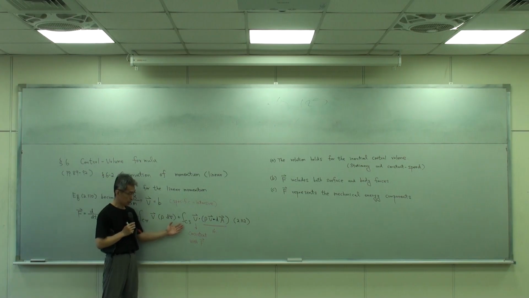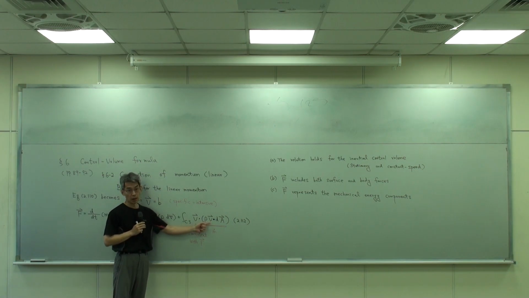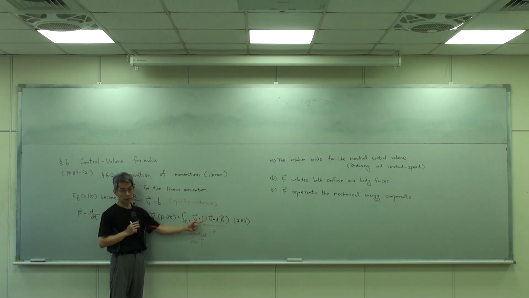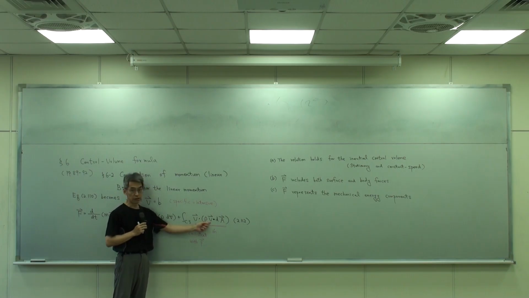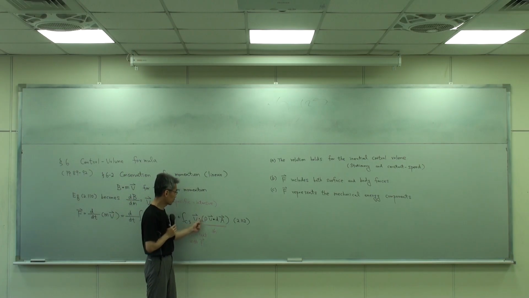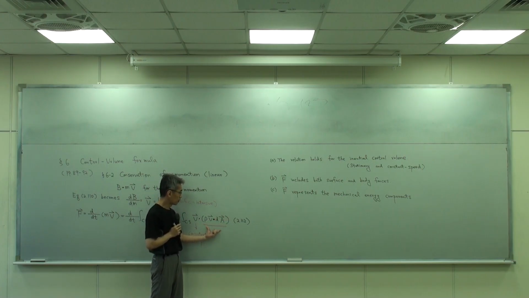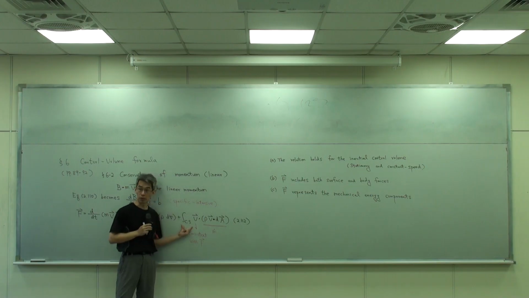Usually, some students will be confused about this velocity in the control surface. Basically, these two velocities are different. Because for the parenthesis, this part is considered the mass in and out of the control surface.